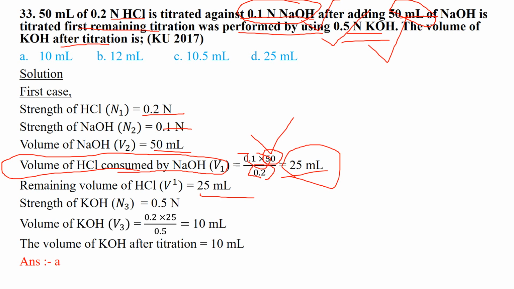So the strength of KOH is 0.5 normal, and the volume of KOH will be 0.2 into 25 by 0.5, which is equal to 10 ml. How this 0.2? The 0.2 is the strength of HCl, this 25 is the remaining volume of HCl, and 0.5 is the strength of KOH. The answer will be 10 ml. So the volume of KOH used for the final consumption of the HCl is equal to 10 ml.